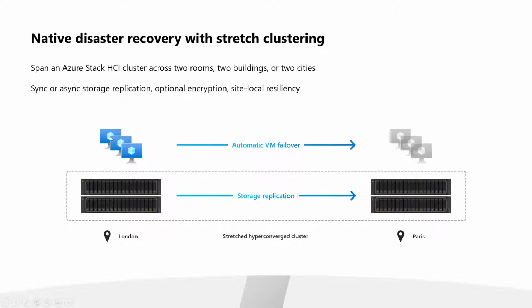So for example, we have some VMs running here on the disks or on the devices that are here, and we have a synchronous or asynchronous mirror to the other side. Here we have the same volume, it's offline, but if we ever have a failure on this side, the volume will be brought online and the VMs can be started. And this is not an active standby scenario.